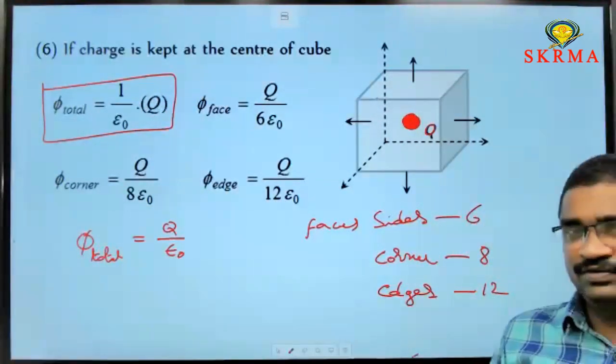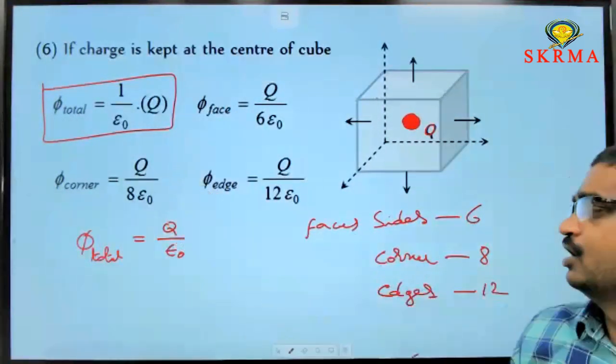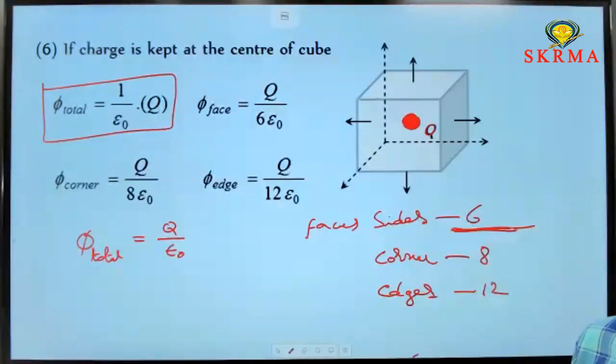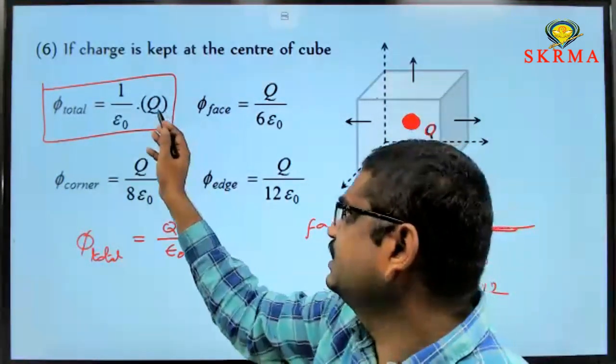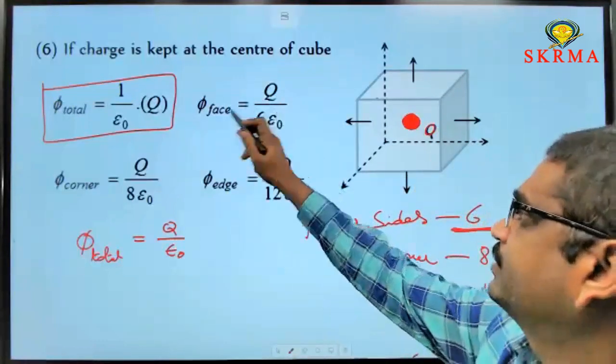Now, from each face, how much flux is going to pass? Total is Q by epsilon naught. How many faces are there? 6 faces are there. That means from 6 faces, this is the flux. From one face means 1 by 6 of this.